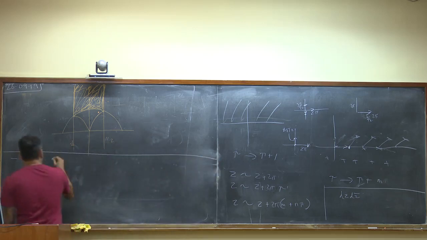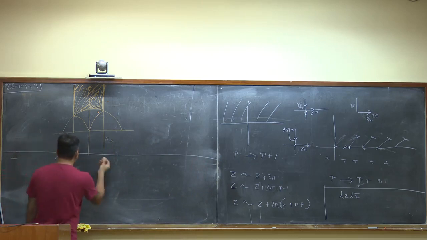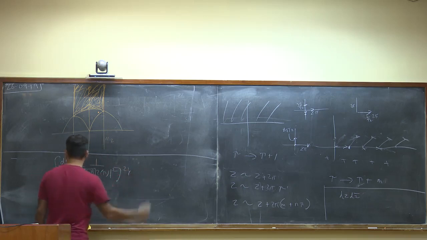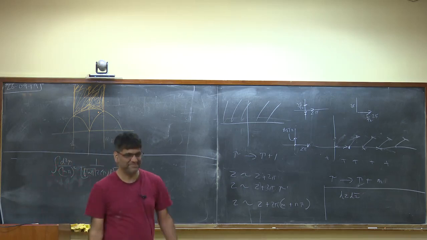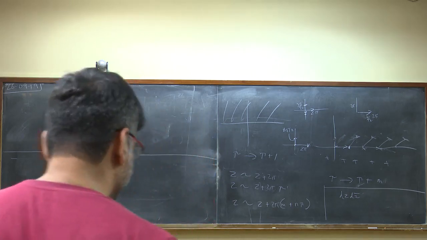The formula we had was d2 tau over im tau, the whole thing to the power 2, times 1 by eta tau mod squared, square root im tau, the whole to the power 24. A very beautiful and simple formula, as you see, right?